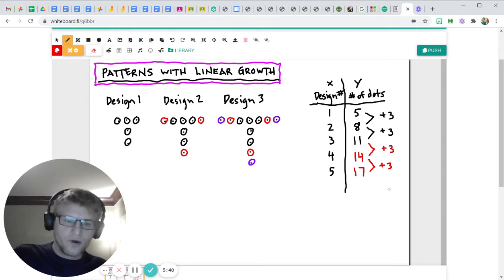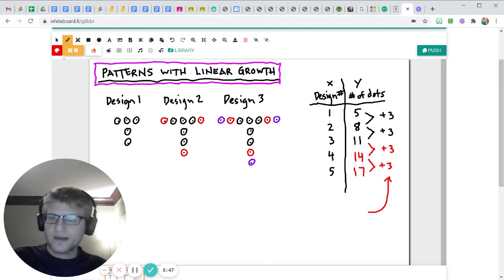So this growth, and I'm going to put a big arrow here. I'd like you to do this too. And I'd like you to write this down. Consistent growth. Let me see if I can fit this in. Consistent, that means the same.